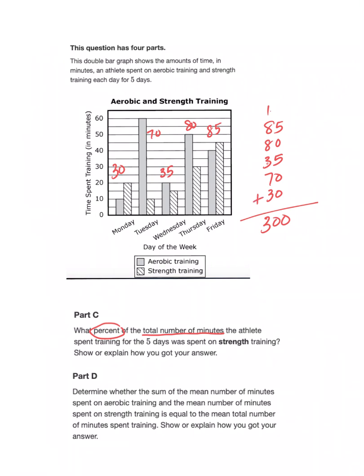Now they want to know the percent of minutes for strength training. So now we have to count those minutes up separately. Strength training is the dotted line. So this is 20, 10, 15, 30, and 45.